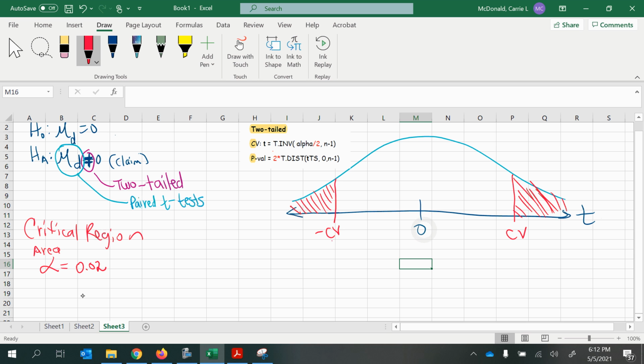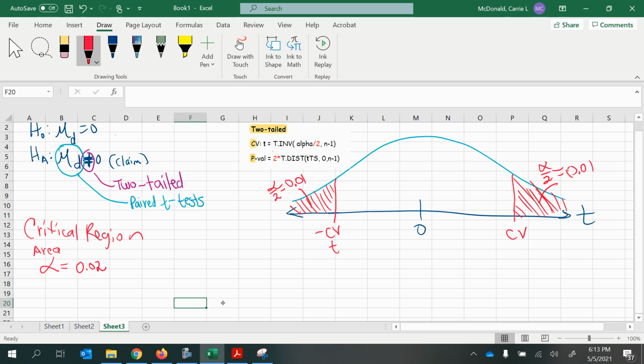So this negative t-score is going to be found using t dot inverse on alpha half. Why is that? Because the total area in both of our tails is 0.02. But if we're splitting it up into two tails, then alpha half is 0.01 on this side, and over here we have another alpha half of 0.01 as well.